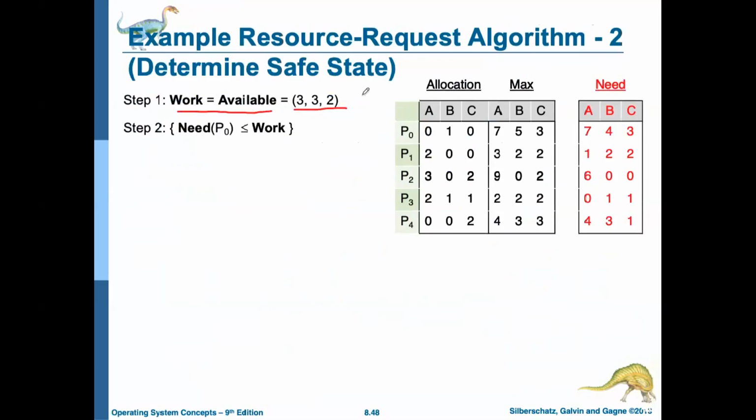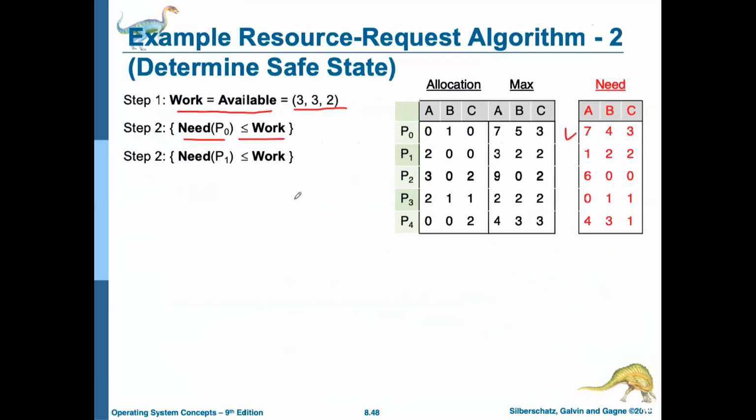Next, check whether P0's need is less than or equal to Work. The work is now 332, and P0's need is 743 right now. It doesn't fit, so the answer is false.